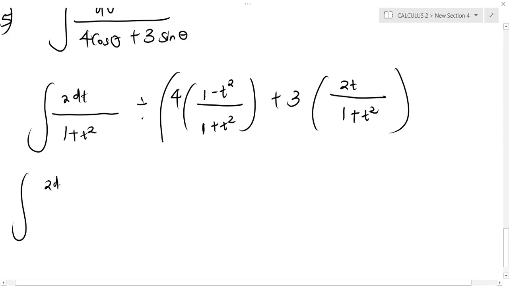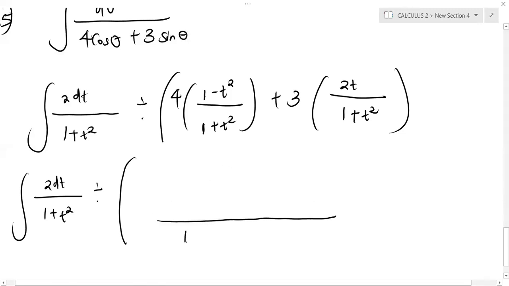So I have 2 dt over 1 plus t squared, divided by, on this side, let's put this under the same LCM. So I have 1 plus t squared being common on this side. So I will just have this as 4 minus 4t squared plus 6t. Okay.